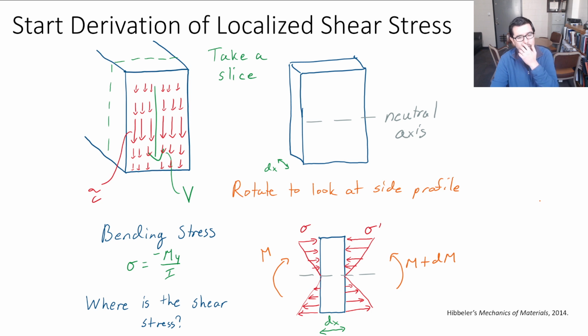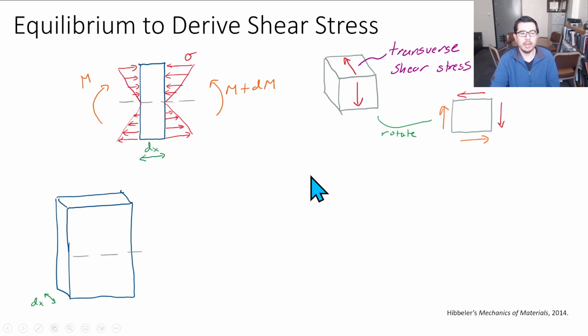Well, let's go a little bit further and break it down into looking at what is happening on this profile of a slice. Here this is the same profile. This is just saying there's transverse shear stress, and this is the slice that we were cutting.